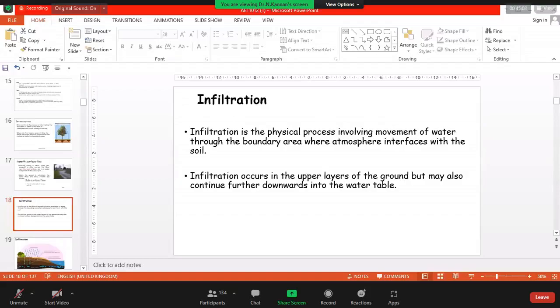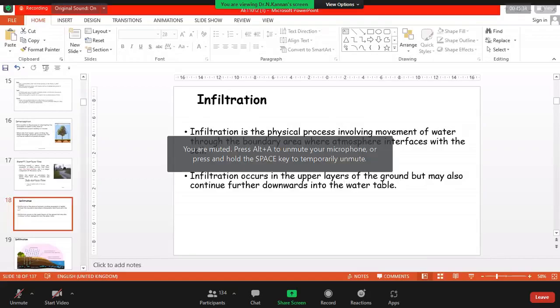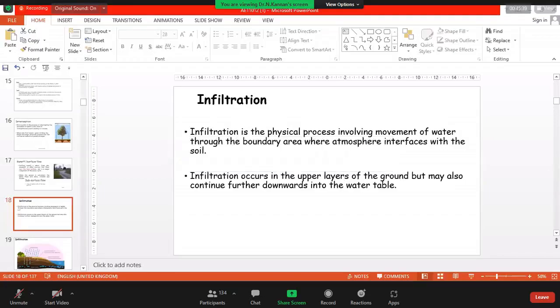Vidushana, finished? Finished, sir. Okay, good. Ishanti 070, finished? Yes, sir. Okay. Tanushka, finished? Yes, sir. Right.